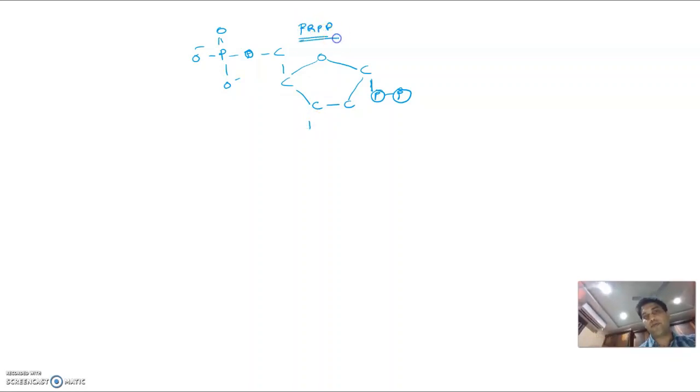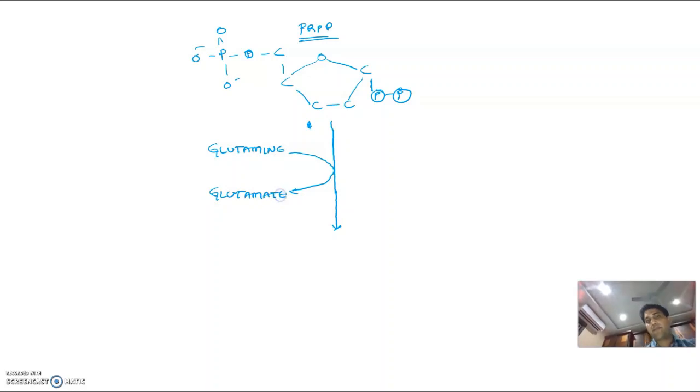This is our PRPP, or phosphoribosyl pyrophosphate. It will take an amino group from glutamine. If you remember amino acids, glutamine is an amide of glutamate.